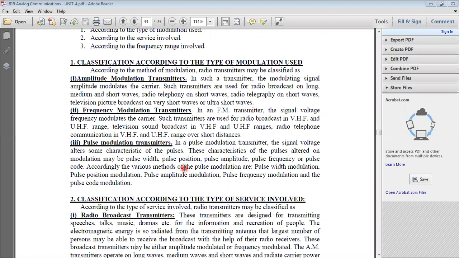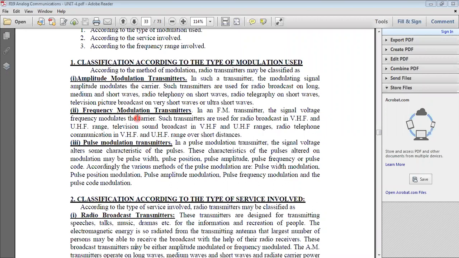Now coming to the third technique. What is the third technique? Pulse modulation transmitters. Here don't get confused. Up to now, you know amplitude modulation, frequency modulation, and phase modulation.